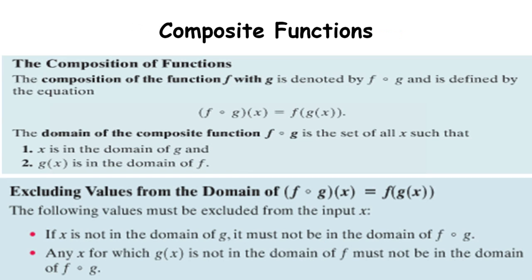The domain of the composite function f composed g is the set of all x such that x is in the domain of g and g of x is in the domain of f. Excluding values from the domain of f composed g, the following values must be excluded from the input x. If x is not in the domain of g, it must not be in the domain of f composed g. Any x for which g of x is not in the domain of f must not be in the domain of f composed g.